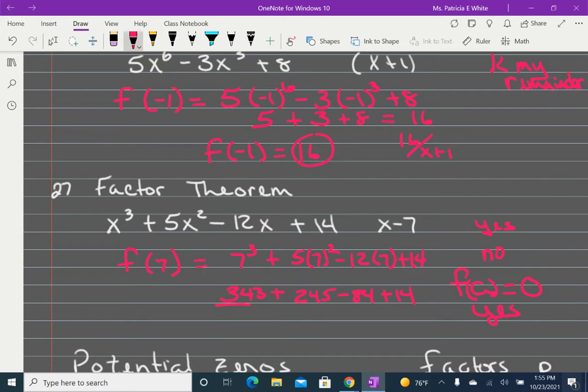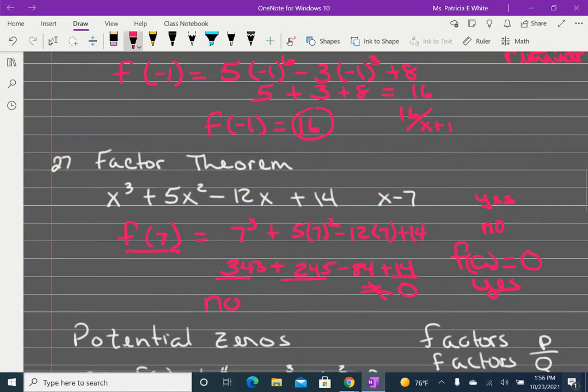Well, this is going to take me almost to 600 positives. There is no way that's going to equal 0. So my factor theorem tells me no, x minus 7 is not a factor. Just finding f of. Okay.